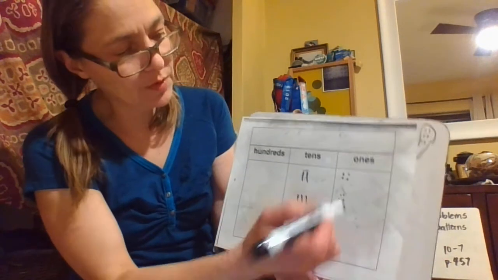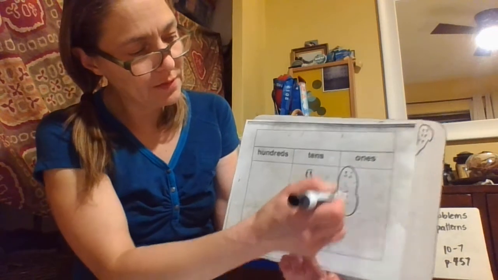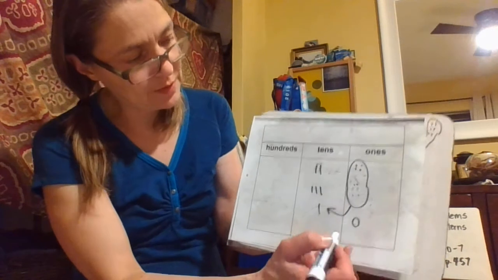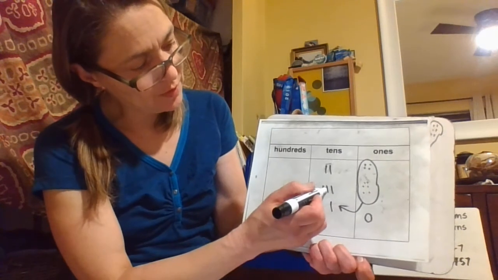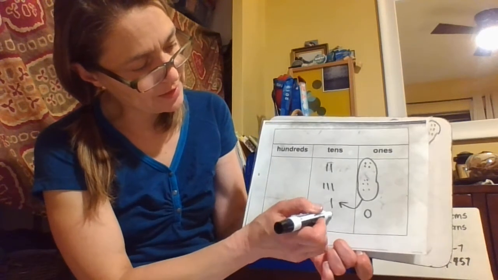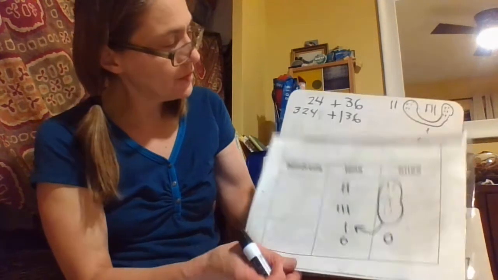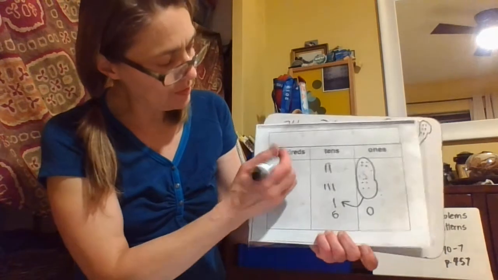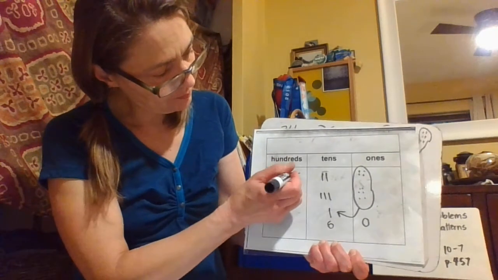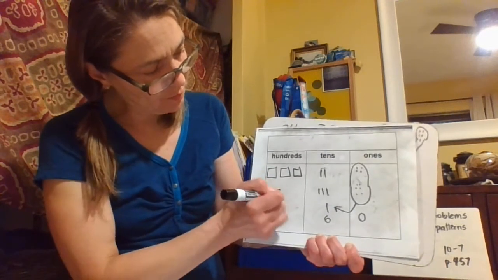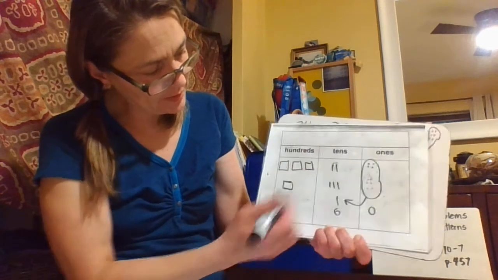Okay, so one more time, 6 plus 4 is 10, and we move it over and we have a 10, and then that leaves us with 0 ones. So we have 10, 20, 30, 40, 50, 60, and 6 10s. So now we add in the hundreds, 300 and 100. So we have 324 and 136.